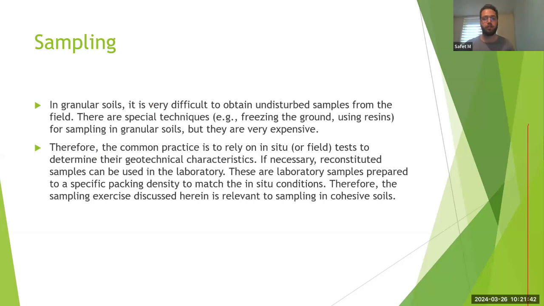Therefore, the common practice is to rely on in situ or field tests for determination of the geotechnical properties and characteristics. And if necessary, we can reconstruct the samples in the lab using some kind of material, some kind of method. Those are laboratory samples prepared to a specific packing density to match what we had in situ.